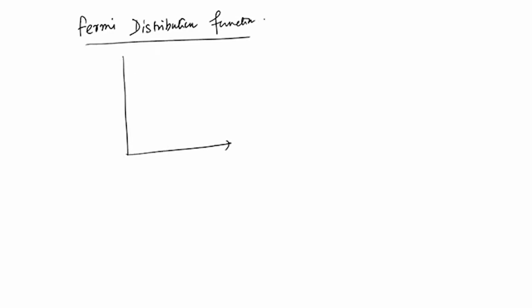So, just to remind you, the Fermi distribution function, if you plot it as a function of f of epsilon, and if you plot this as beta times epsilon minus mu, where epsilon are the single particle energies, mu is the chemical potential, and beta is 1 over kT, we get a distribution which looks like this.